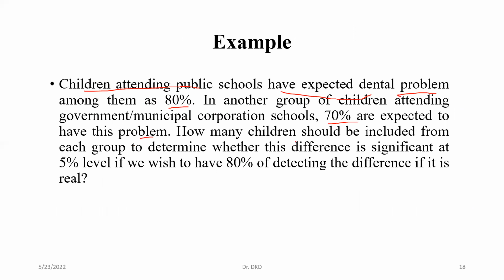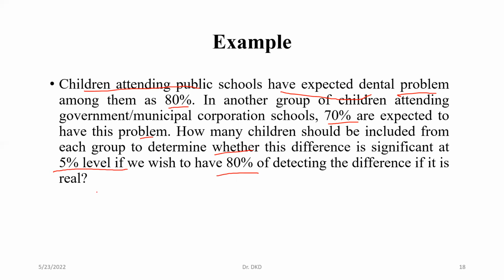How many children should be included from each group to determine whether this difference is significant at the 5% level, if we wish to have 80% power of detecting the difference if it is real? This is the problem given.